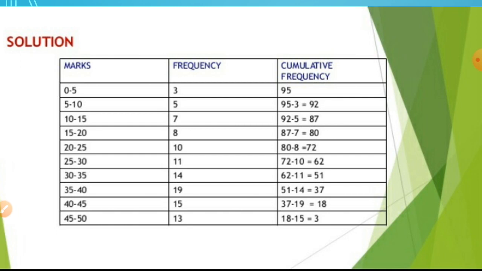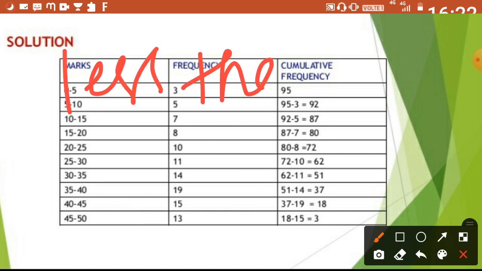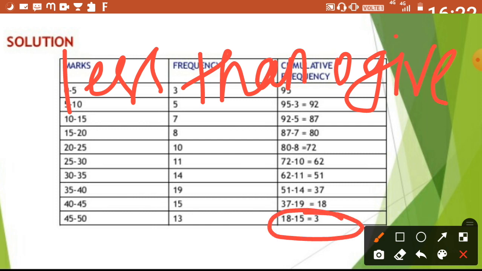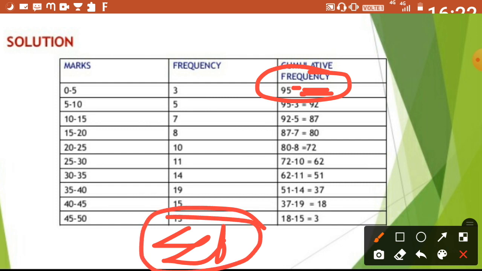Listen, in the less than ogive, the last CF was equal to the summation of f, but here the first cumulative frequency will be equal to the summation of f.